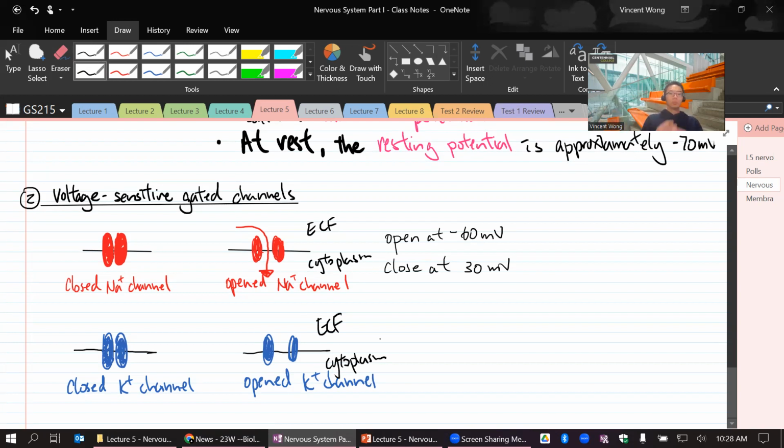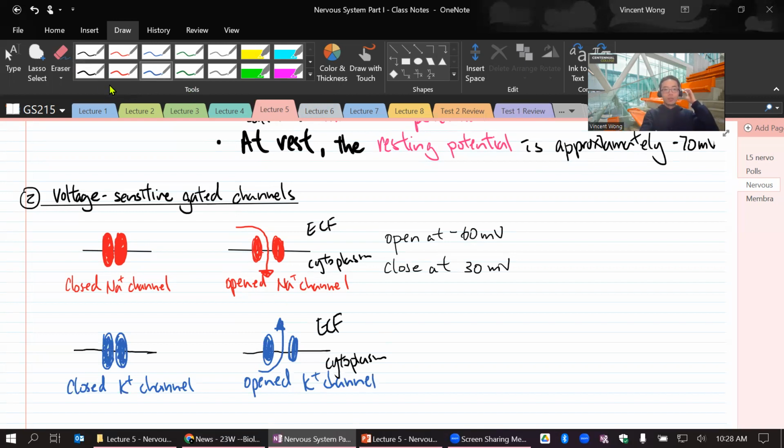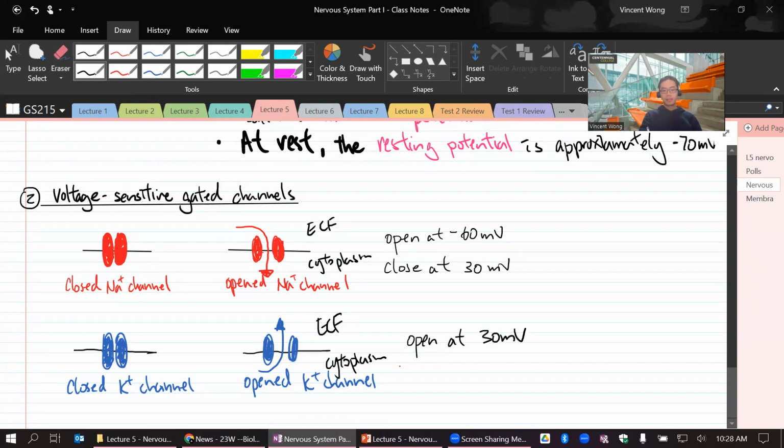And again, when they are open, which way will the potassium go? Hopefully, you are thinking it will go out, because you have more potassium on the inside than outside. So when does this open? Well, it's gonna be opening at +30. And it will close at -90.